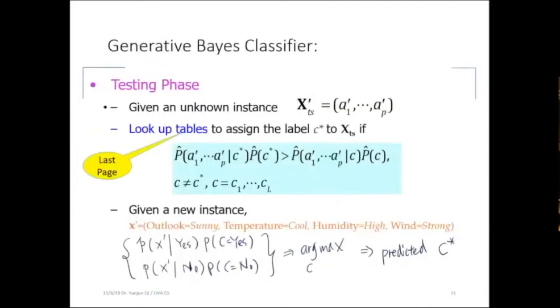And then how do you use it? You use it when there's future data. Let's say I give you a case, S, C, H, and you really just do a lookup. What is in that lookup table you learned from the training data? This is the future data.